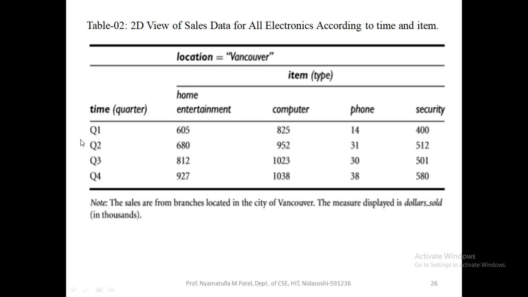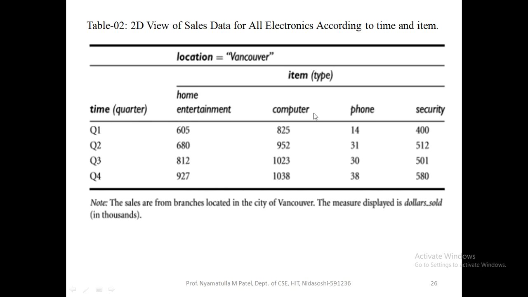During quarter 1, around 605 for home entertainment items in terms of dollars sold, that is $605,000, computers $825,000, phones $14,000 and security $400,000. Next, if you take quarter 2, it is 680, 952, 31 and 512.